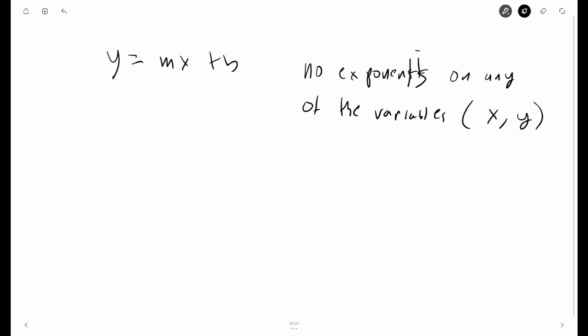So these are the basic concepts of a linear equation.